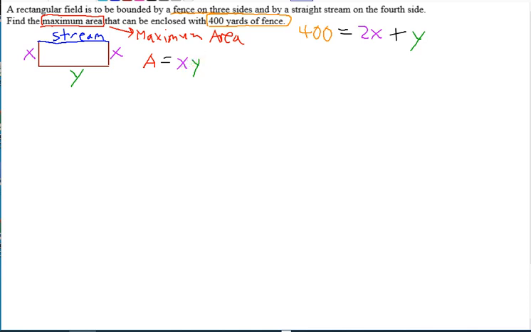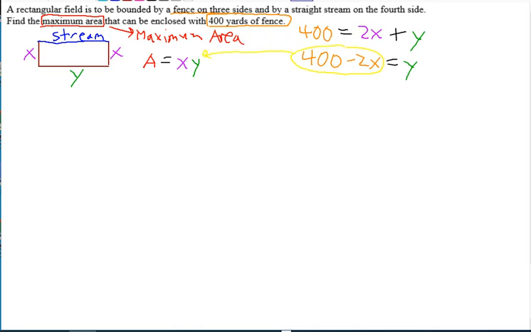So you can take a look and see which one looks easier to isolate. Here, either one would work, but in this case, y is probably a little easier to isolate because all you have to do is subtract the 2x from both sides of the equation. And then we can substitute that in to replace the y right there.